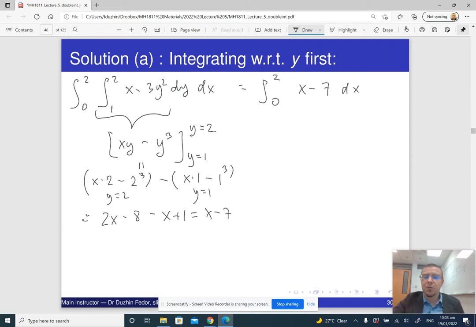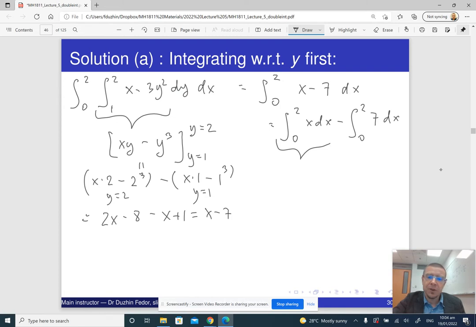It's up to you how you do it, but I find it more convenient like this. So let me split the integral into two parts. One has x, the other one is just 7: the integral from 0 to 2 of x dx minus the integral from 0 to 2 of 7 dx.